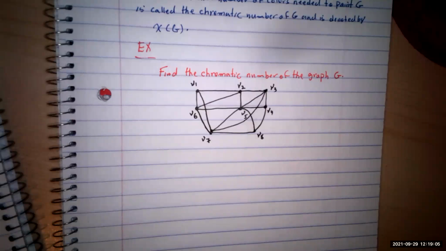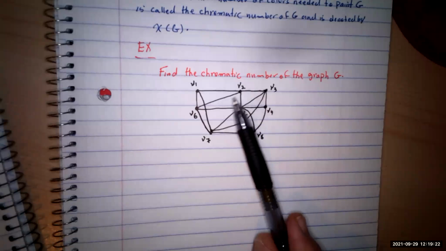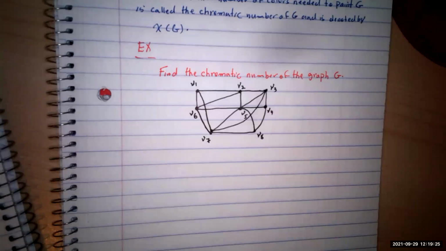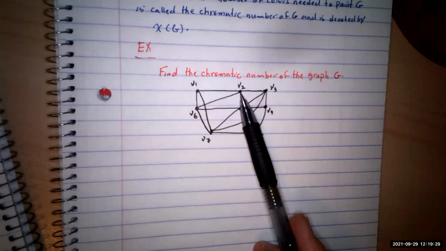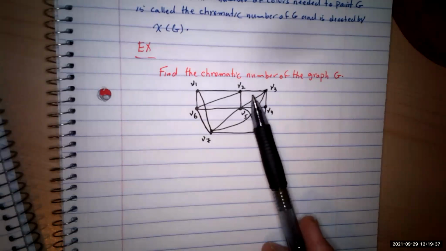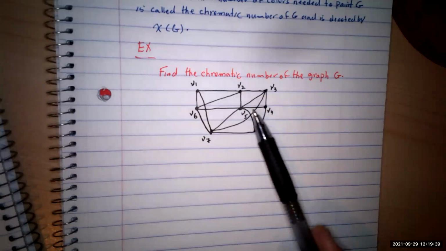So the best way to color it, just make sure you're not going to miss anything, is to find the degrees first. We start with the vertex with the highest degree, because the highest degree gives you all the connections. You can start with V2 if you like. If you color V2, then you cannot use the same color for those which are adjacent to V2.